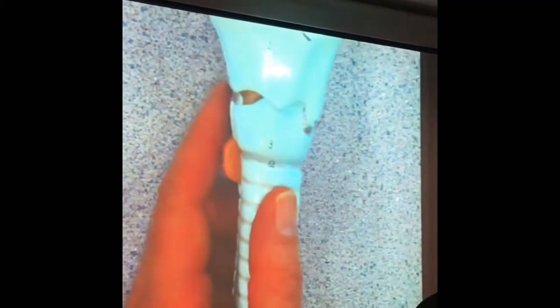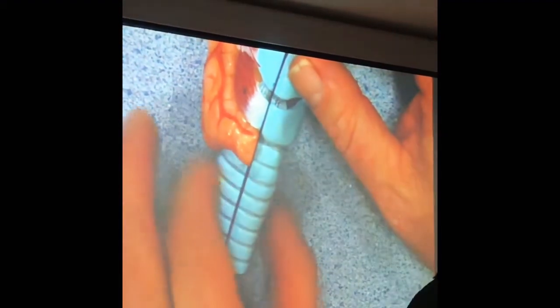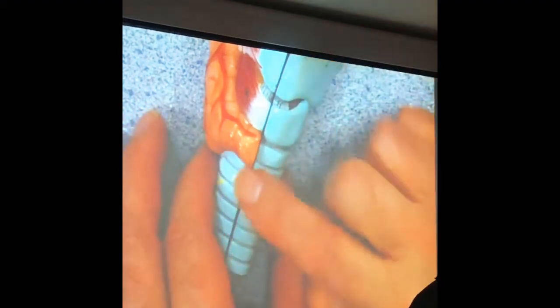So from the larynx we go into the trachea. That's commonly your windpipe. The muscle in the back is the trachealis. In the front, it has these half rings, like 16, 18 of them, cartilaginous rings, hyaline cartilage.